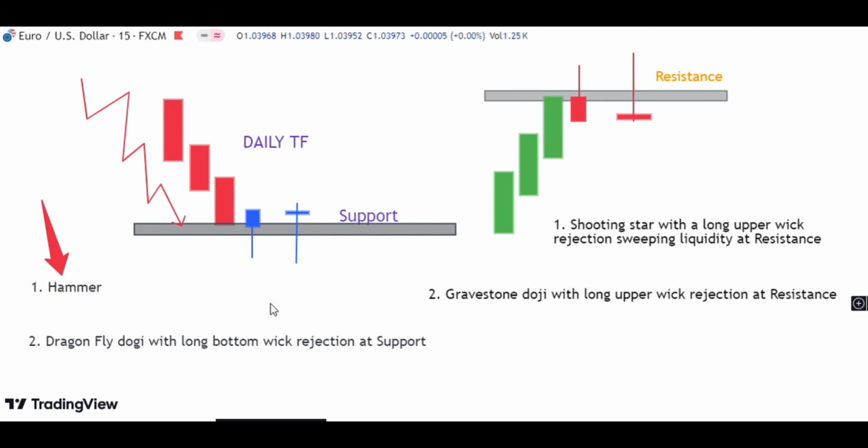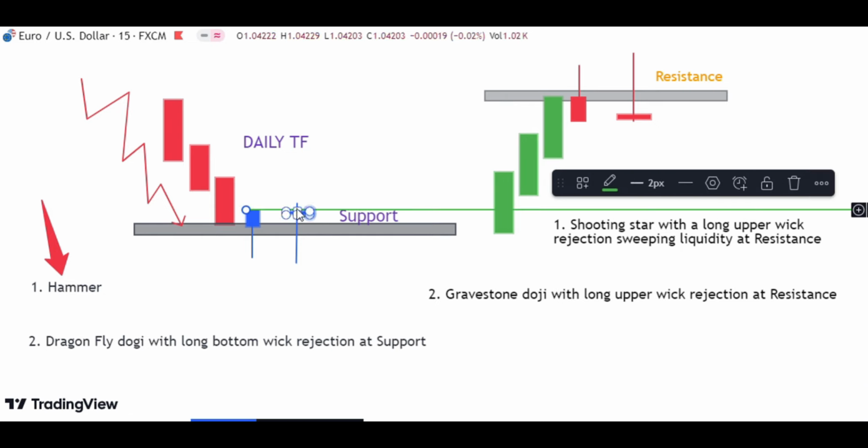You go to your 15 minutes time frame, and the next day you mark out the high of that hammer.